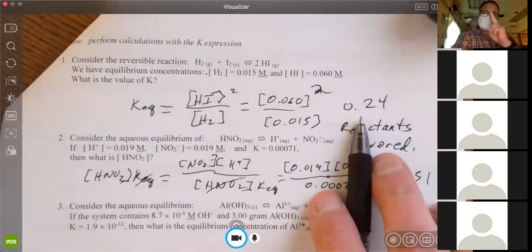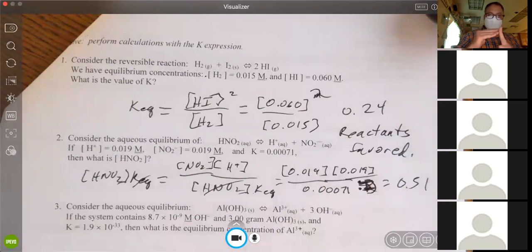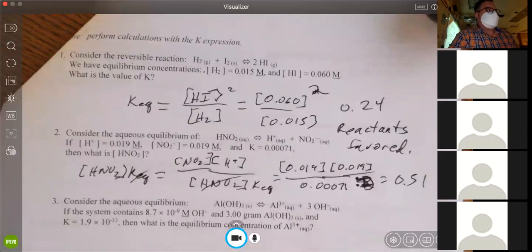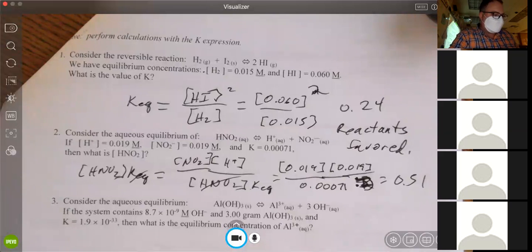It's best to just focus on 1. If it's greater than 1, then it favors the products. If it's less than 1, then it favors the reactants. When things get heavier with these reactions, even in acid-base chemistry, and I don't know if we'll get into it in next chemistry, whenever you start looking at that, that's what determines whether something's a weak acid or a strong acid.